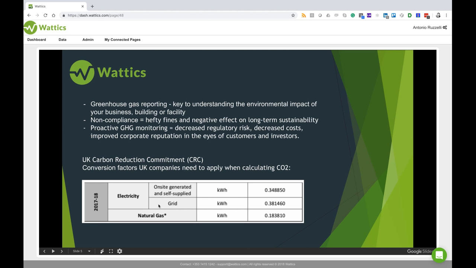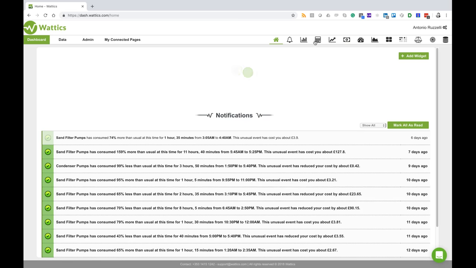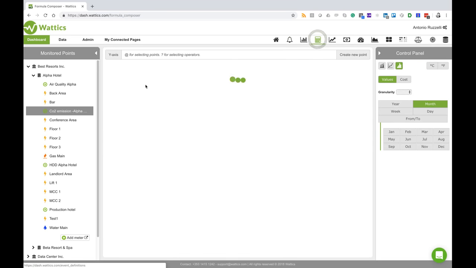If we assume that we are a company operating in the UK and would like to calculate CO2 for, for example, the Alpha Hotel, we can switch to Alpha Hotels and the Formula Composer tool here.